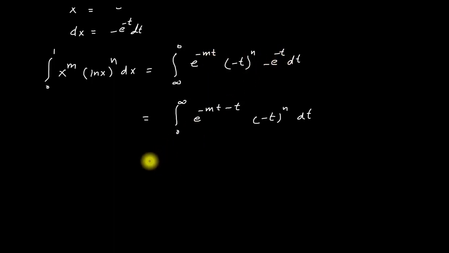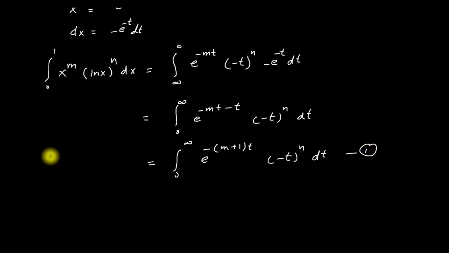Now this equation can be written as the integral from 0 to infinity of e to the power minus (m+1)t into (minus t) to the power n dt. This is equation number 1. Here I have to write the left hand side. So equation number 1 is equal to the integral from 0 to 1 of x to the power m (natural log of x) to the power n dx.